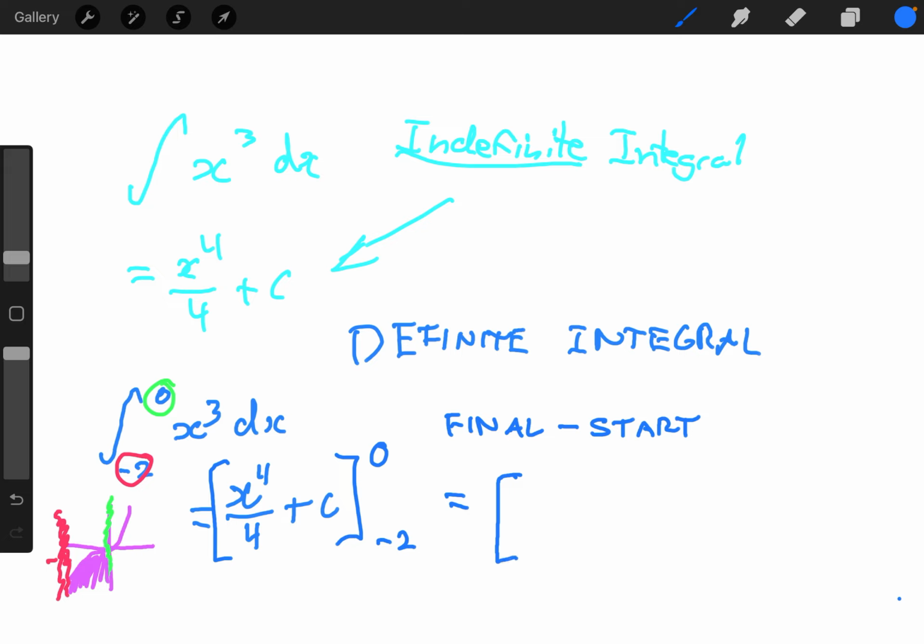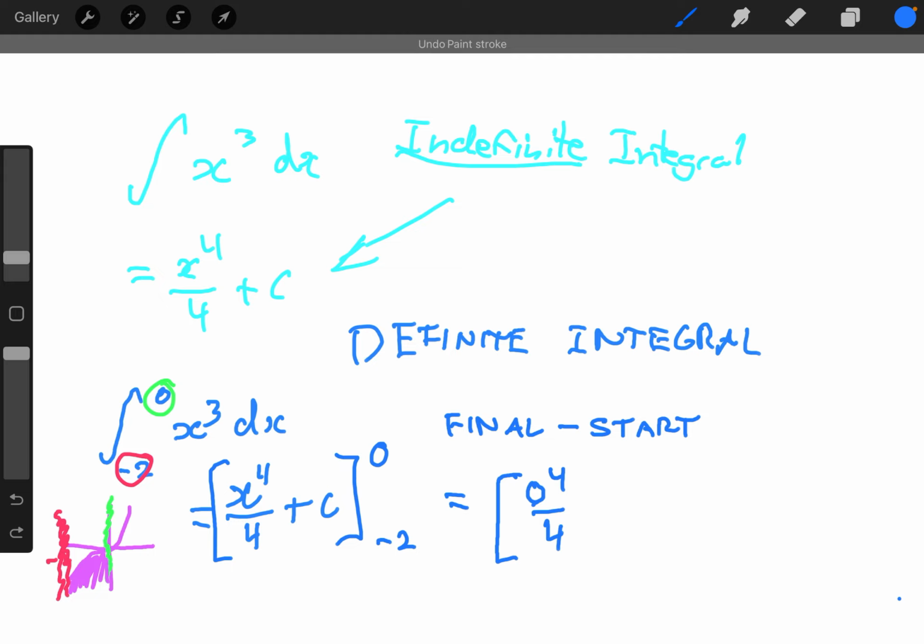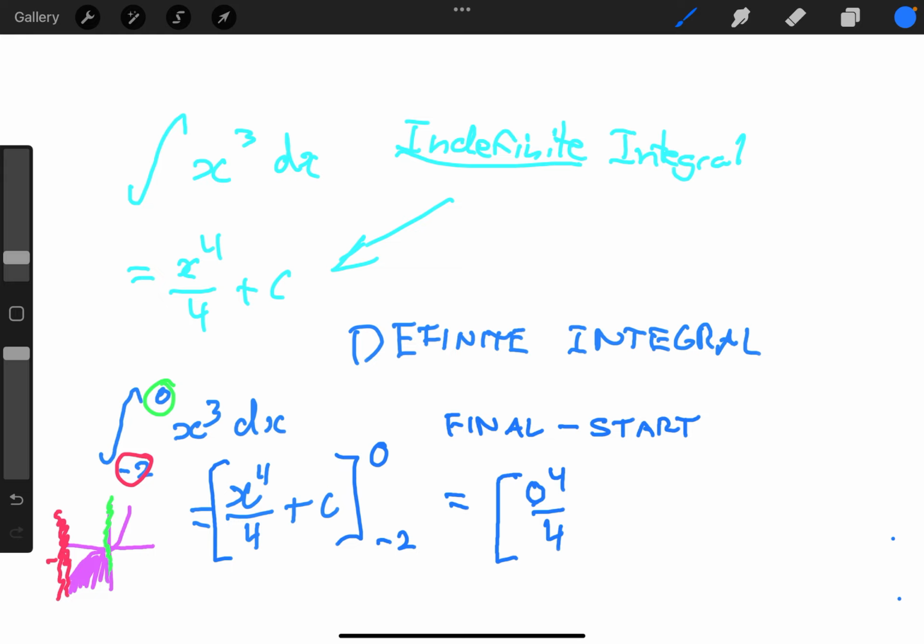The first bit we're going to do is have this function here. Instead of x, we're going to put 0 in. So 0 to the 4 over 4, and ignore the c, because it doesn't matter for this.